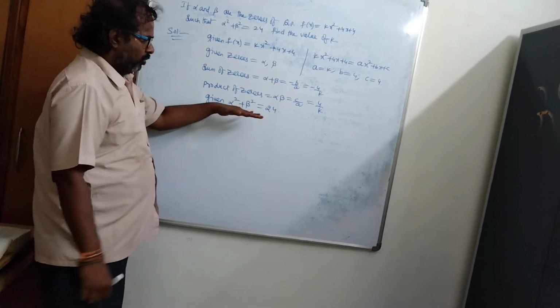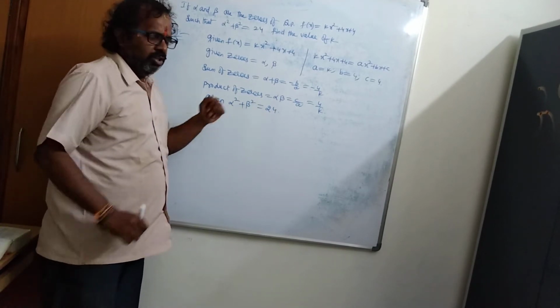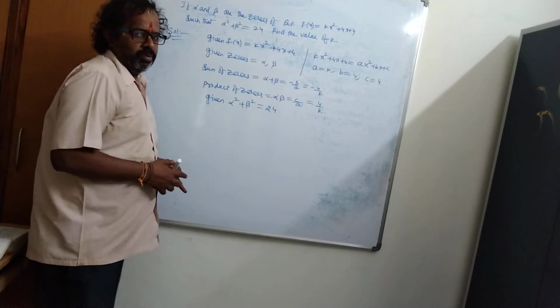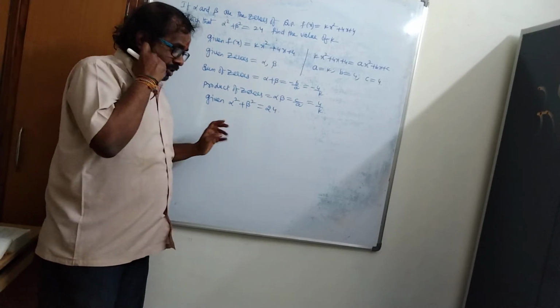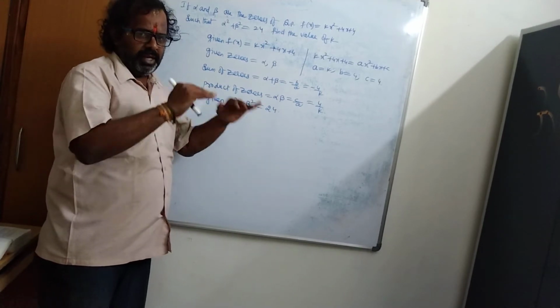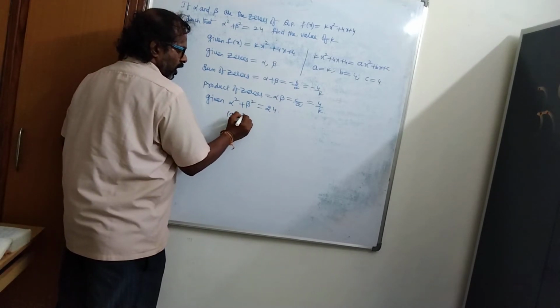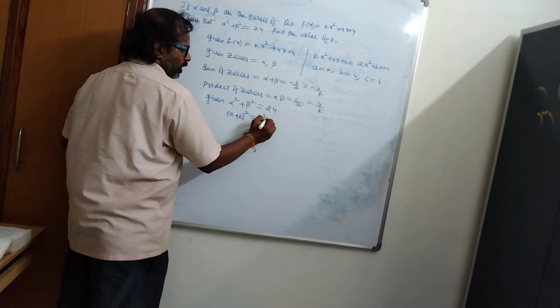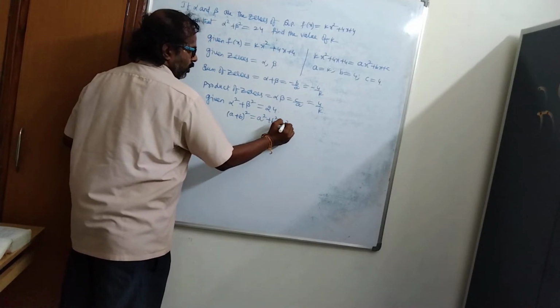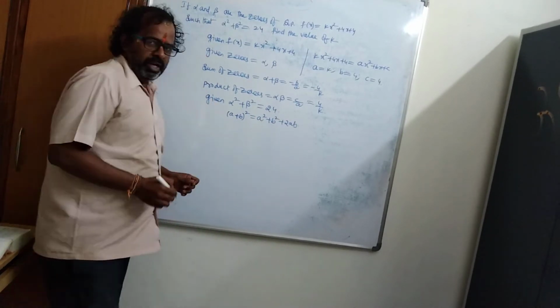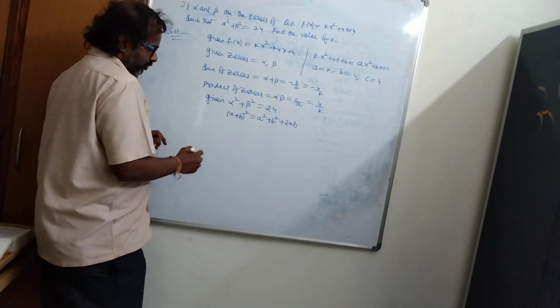Now let us forget about this problem and see which formula has a² + b² in its expansion. If you take (a + b)², it is a² + b² + 2ab.